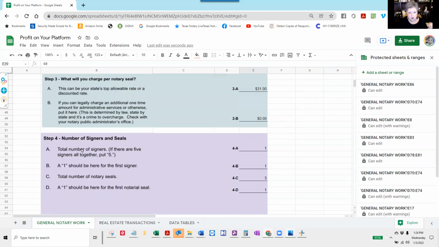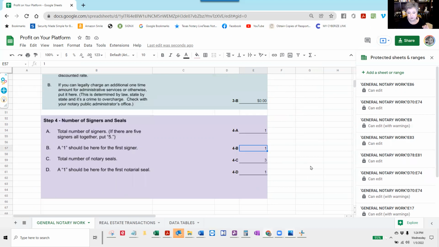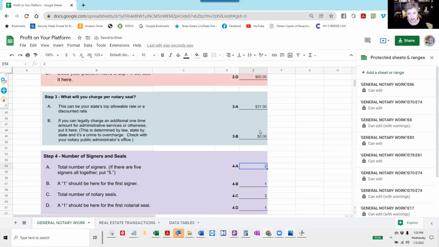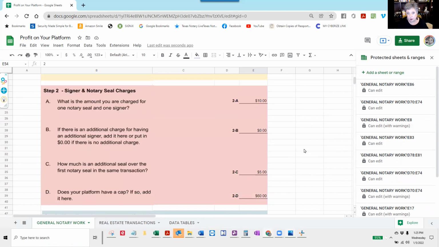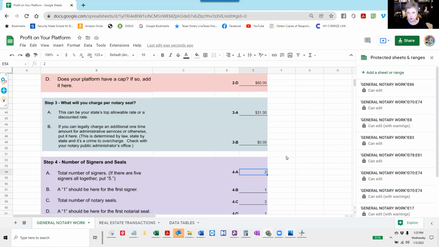All right. So I've got one signer, and I put this one in here because it just makes my math easier when I'm doing my formulas. One is for the first signer. If I had, let's say, 2 signers, the only reason that would matter is on someone else's platform, not mine, where there's an additional charge for additional people to be on the call.